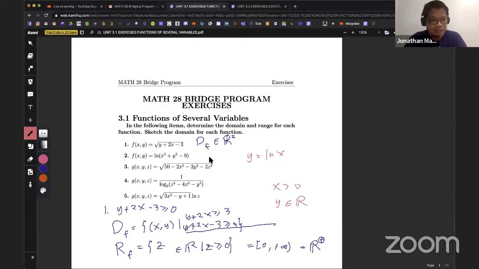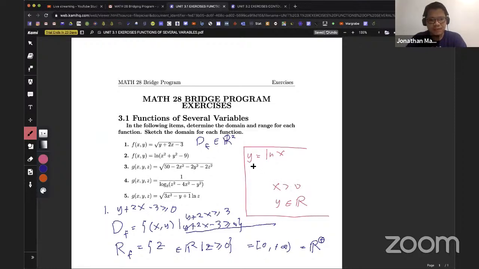For number 2, balik ulit tayo, we have a natural logarithm function. So again, y equals ln x. And we know that here we can take x to be any number greater than 0.